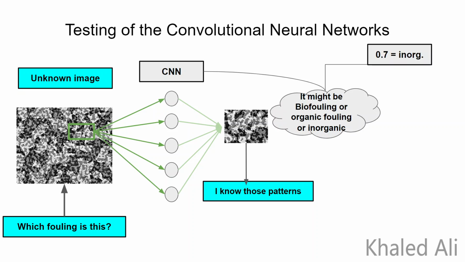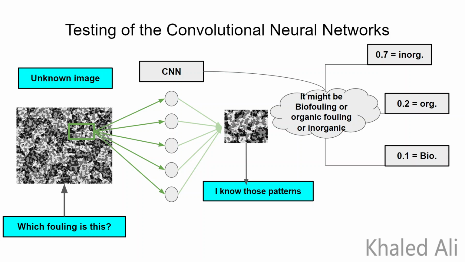Suppose it gives 0.7 for inorganic, 0.2 for organic, and 0.1 for bio. Each number represents the probability of the image being inorganic fouling, organic, or biofouling. Based on the highest number, CNN will tell us that this is inorganic fouling, based on patterns that CNN has extracted from the image.